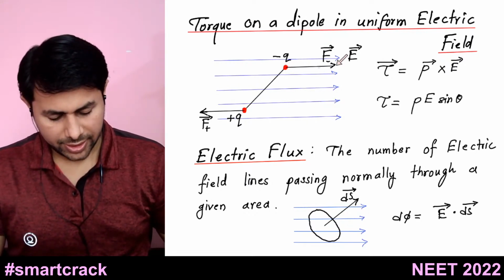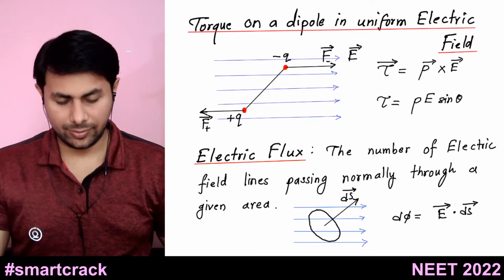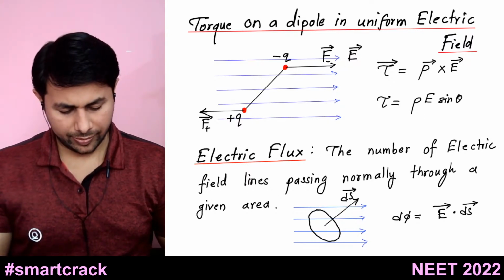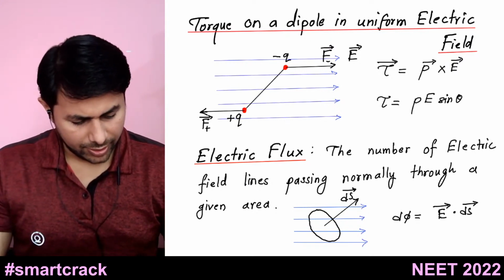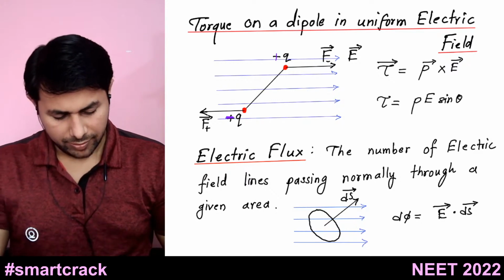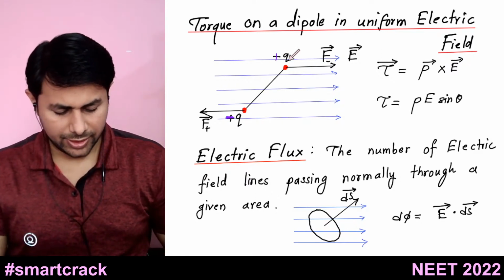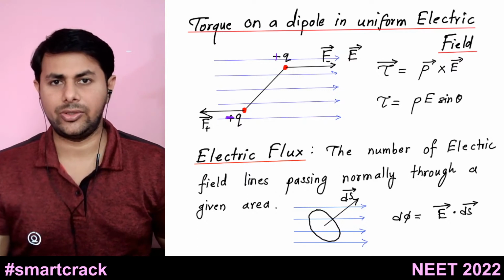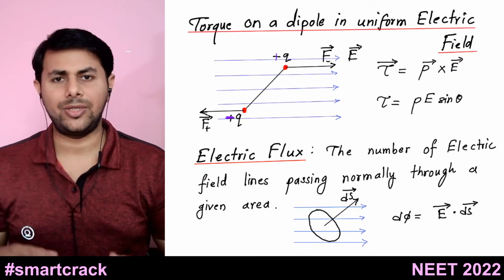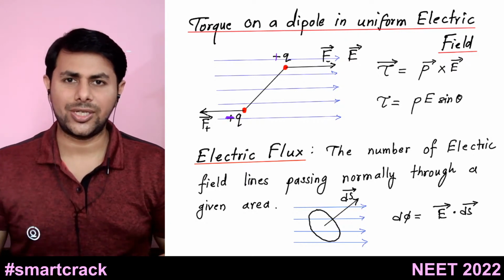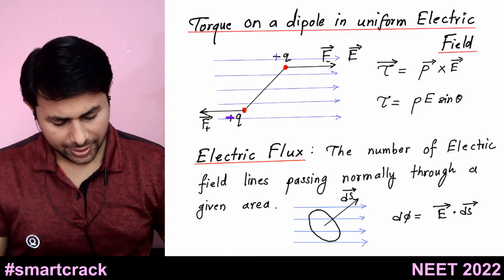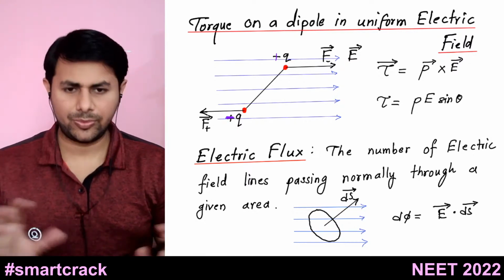Force on the positive charge will be in the direction of the electric field. Force on the negative charge will be in the opposite direction of the electric field. So the positive charge is pushed by the electric field, the negative charge is pulled. All right, so these are two equal and opposite forces.